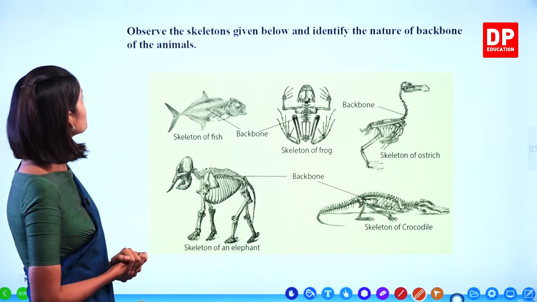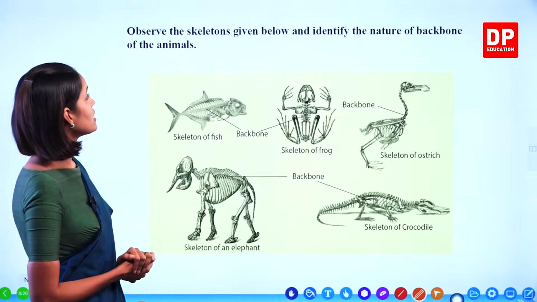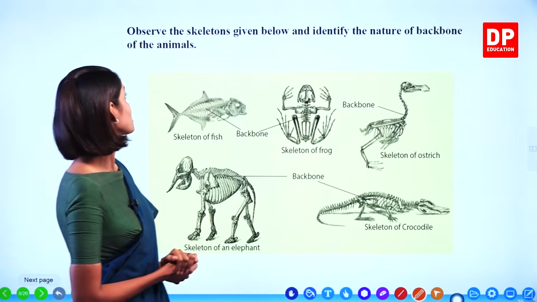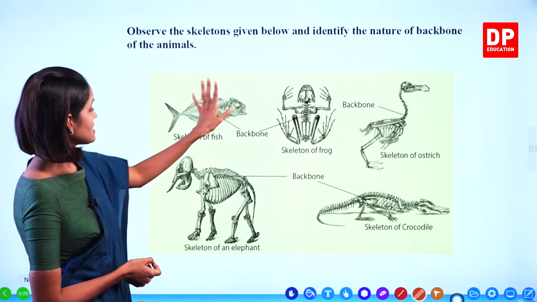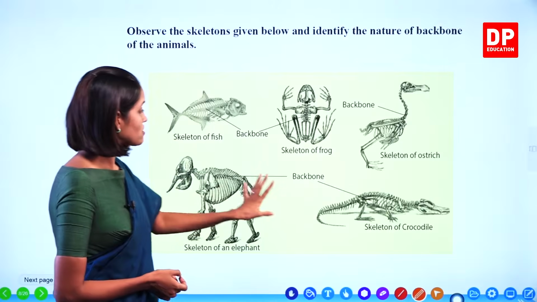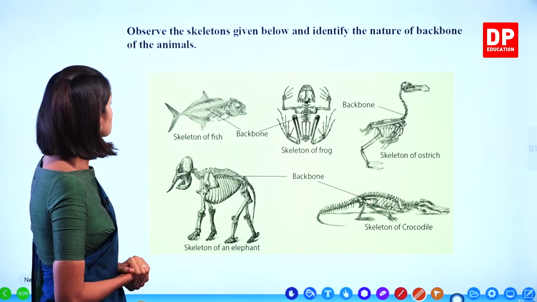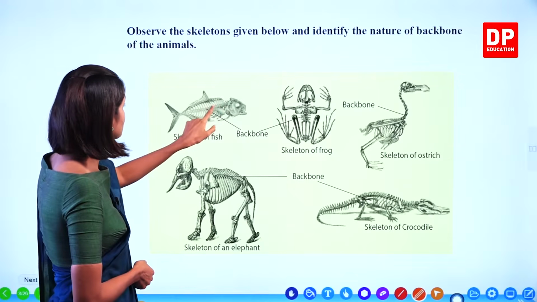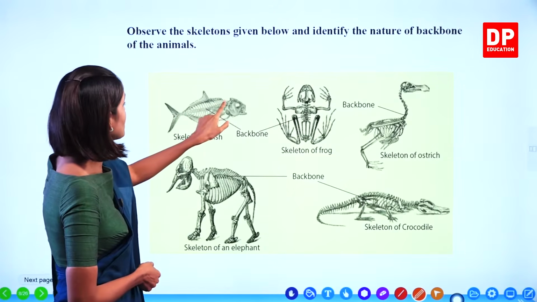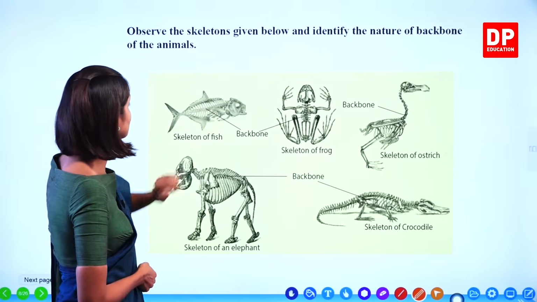Look at this. Observe the skeletons given below and identify the nature of the backbone of the animals. See, some skeletons of the animals. Look at this one. Skeleton of fish. You can see now this is the backbone or the central line of bones. You can see clearly.